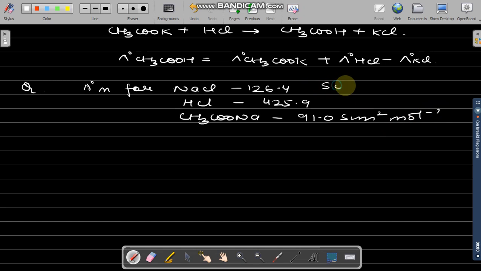This will be the unit for each case. We want to calculate the molar conductivity at infinite dilution for acetic acid.